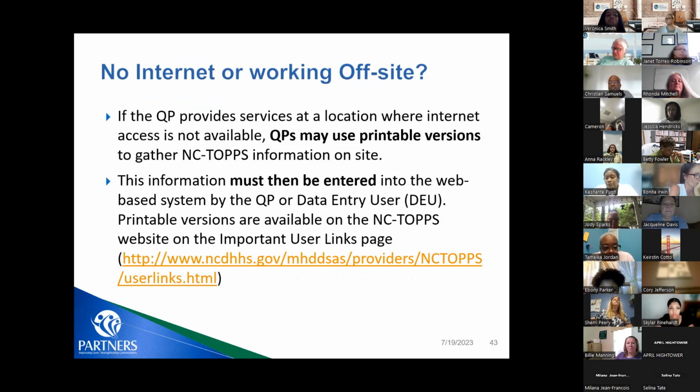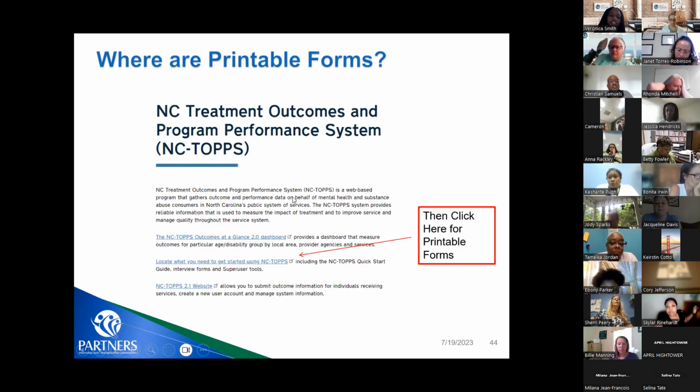So if you're in a place where you have no internet or you're working off site, I mentioned earlier that there is an option for the interviews to be printed. These printed versions of the interviews can be found on the NCTOPPS main website. Here is a screenshot of what that main website looks like.